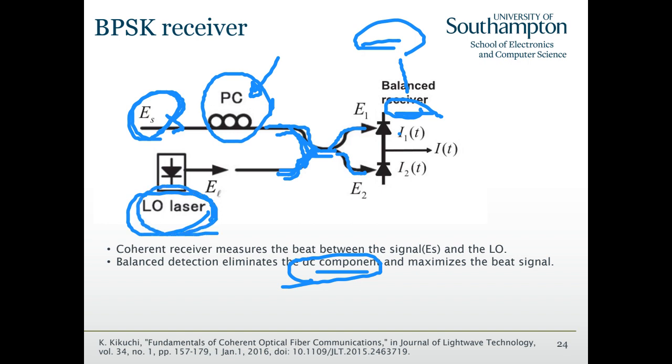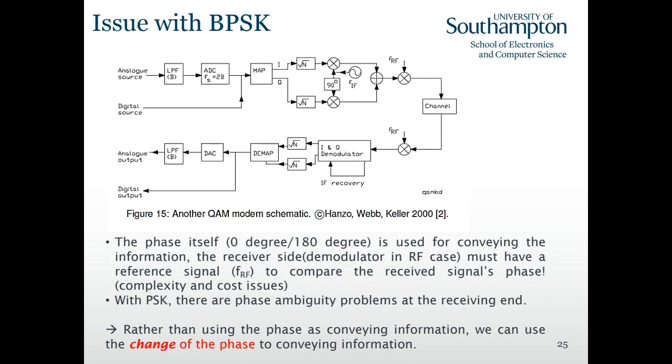Afterward, we just input the signal to the photodiode to test its amplitude to see whether the two signals interfere constructively or destructively. So basically, this has very high complexity because we need a local laser, and we also need polarization control.